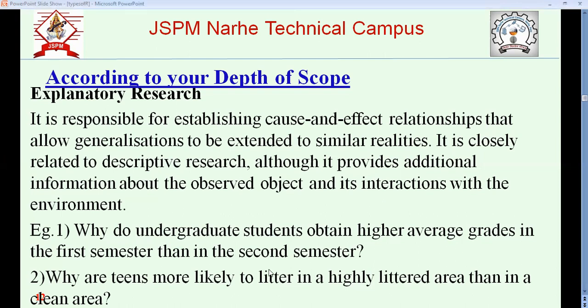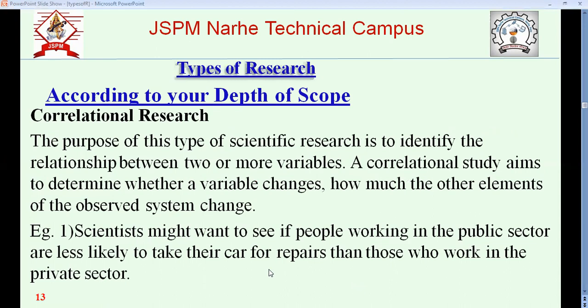And now we'll go to further depth. So correlation research. In correlation research, our purpose is to find the relation between two or three variables. If a particular variable is varied, how do the other variables change. So amount is also important here.